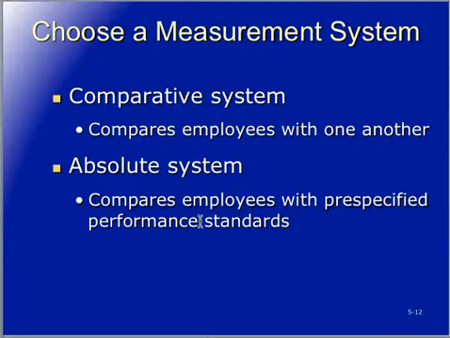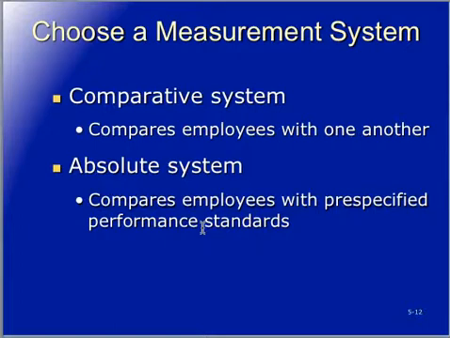And then you have an absolute system. Okay, and this compares employees to pre-specified performance standards. So performance standards that have already been laid out, whether they've been laid out by looking at literature beforehand to see what performances, to see what behaviors should be seen, or whether you've done a past project where you've seen positive behaviors.